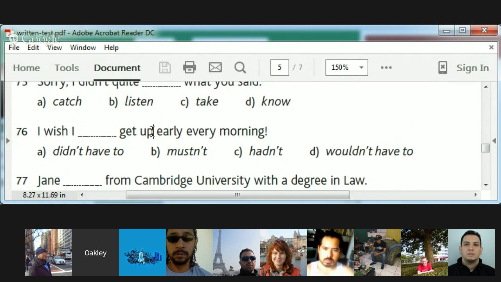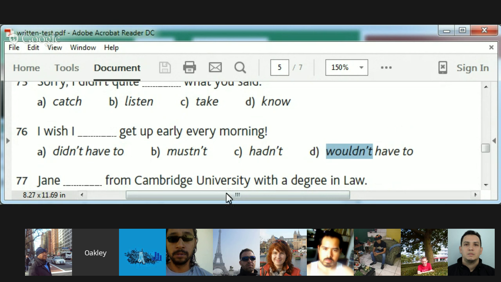Okay, so "get up" is also in the present simple tense. Negative: "didn't have to." Here's a phrasal modal that we use for present simple. "Wouldn't": we were talking about the future or maybe future in the past, but again, another can of worms.